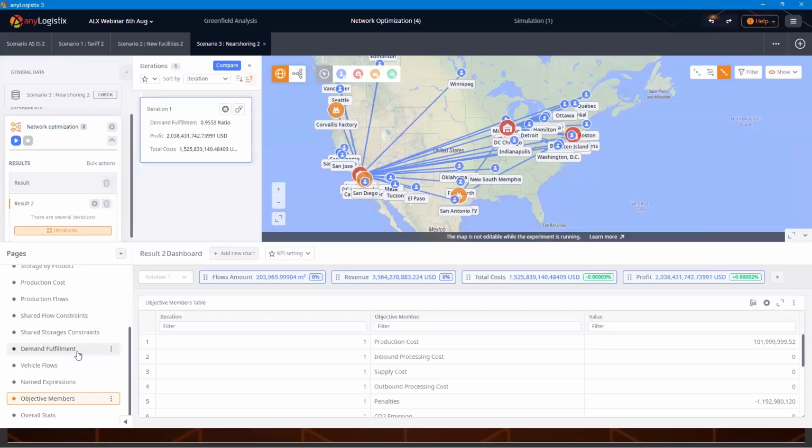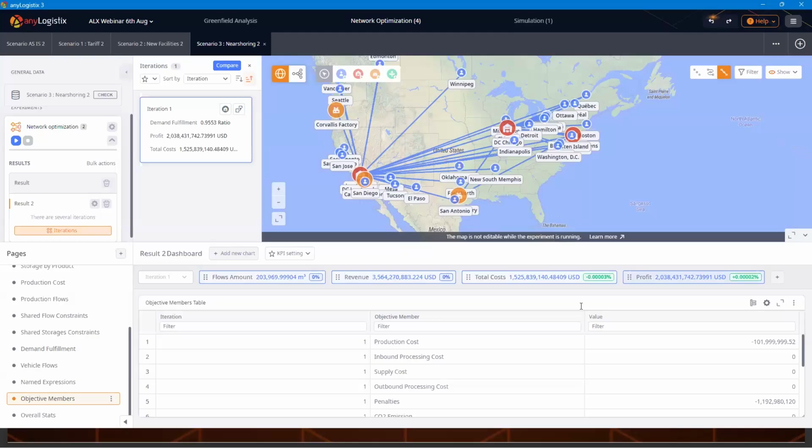So we need to build another scenario where we add some initial investment cost, or if we go over this capacity, we need to pay some more penalty. We can produce that, but we need to give some more penalty for it.